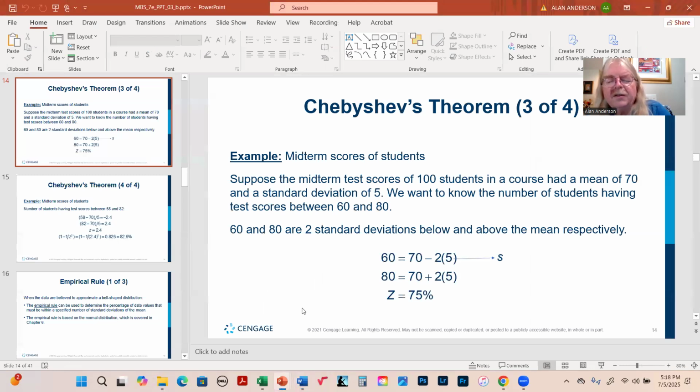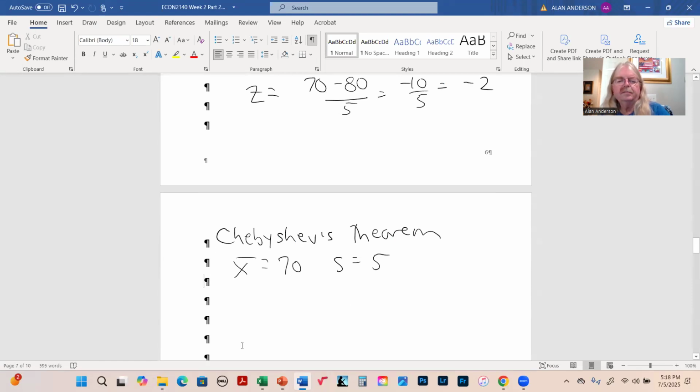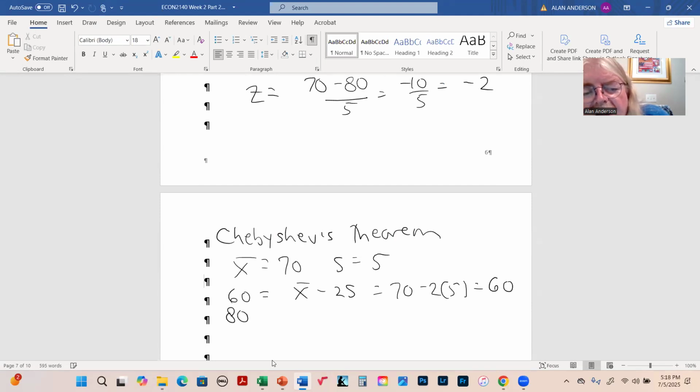And they're trying to figure out how many students are in between 60 and 80. So the 60 is two standard deviations below the mean. 80 is two standard deviations above the mean.